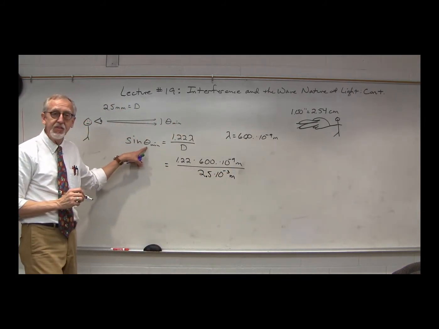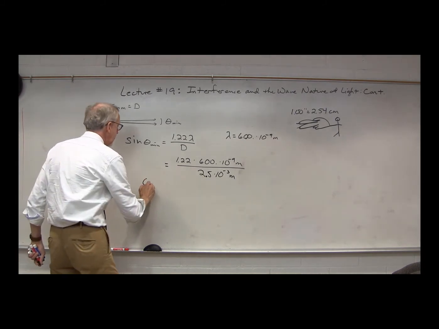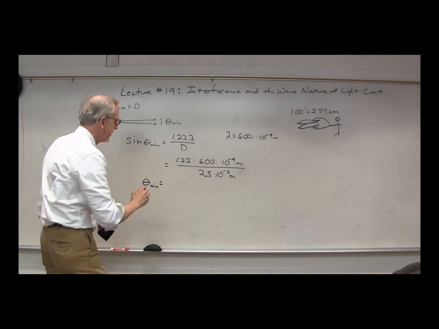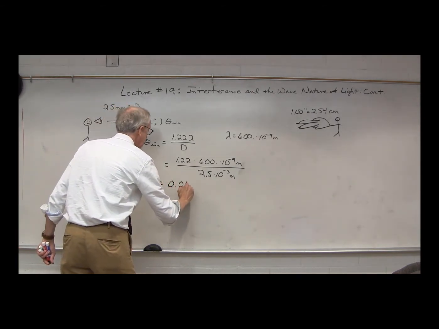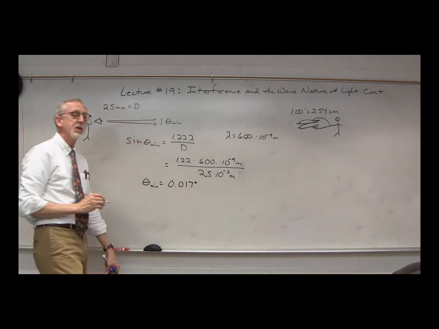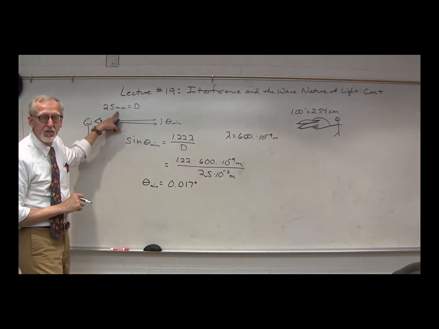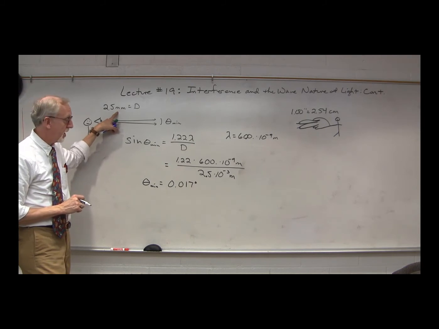Divide that out, take the inverse sine, and what we find is that theta min is equal to 0.017 degrees. I've kept 2 sig figs because you only had 2 sig figs here for the diameter of your eye.